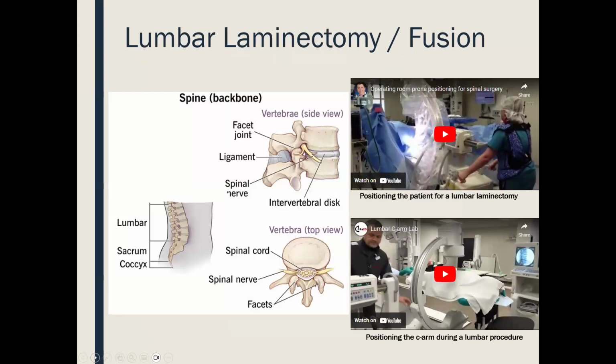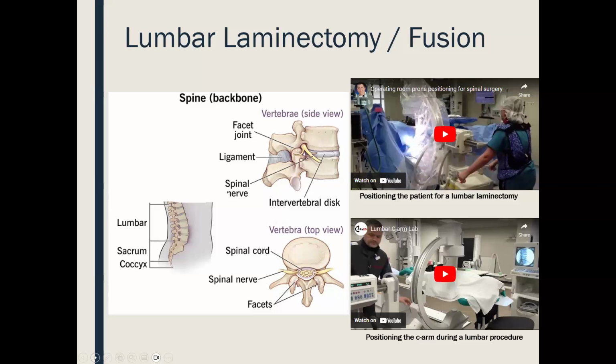Here's an image that shows you the different anatomy. The first video here, the one at the top on the right, shows a physician positioning himself on an OR table.